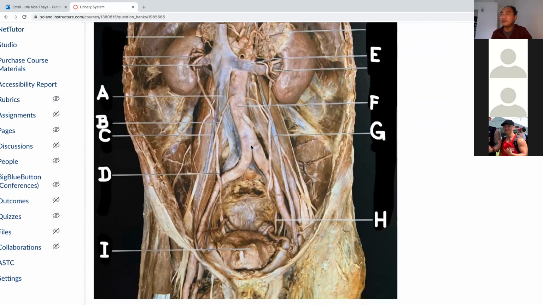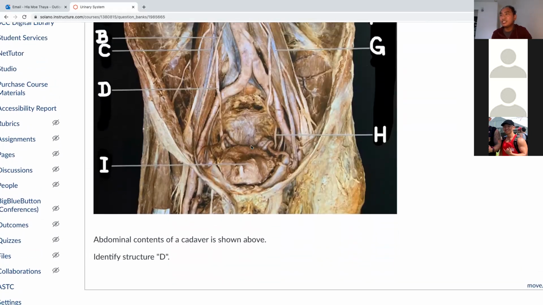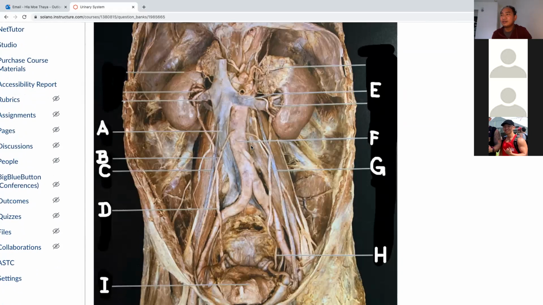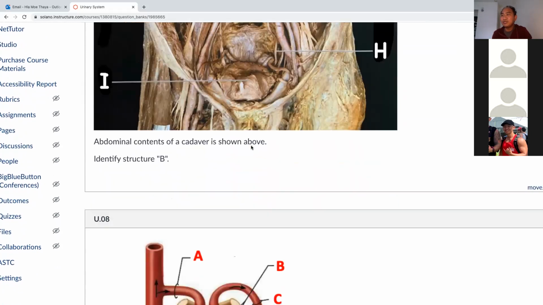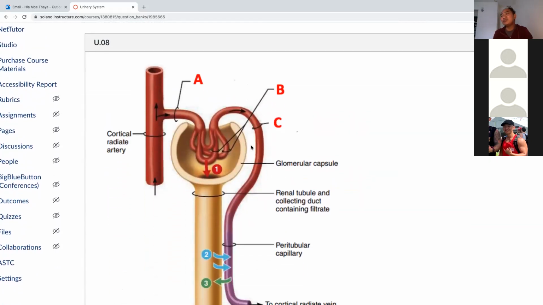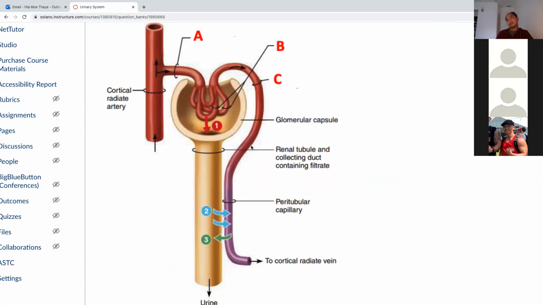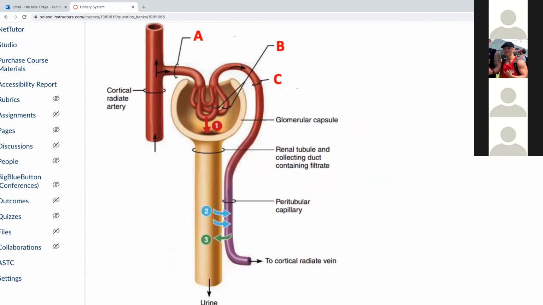Okay, we know that already. Structure D, we know that. Structure B, we know that. Hey, what do you call this? It is a nephron, isn't it?